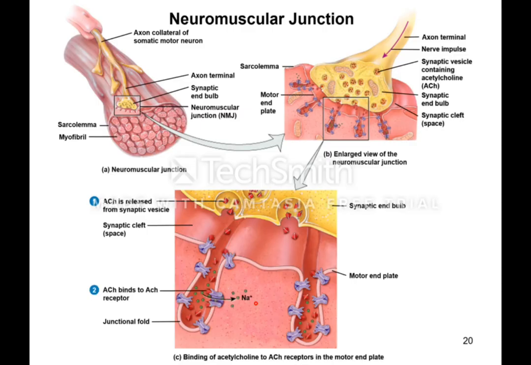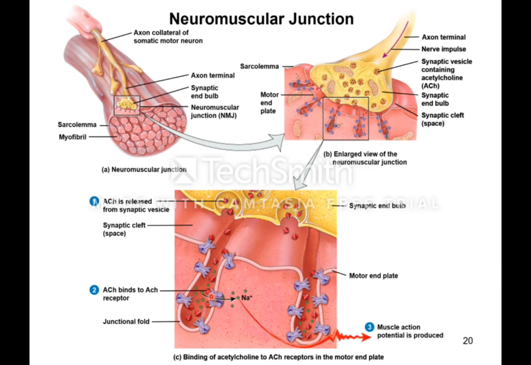Here, the ACh, acetylcholine, is released from synaptic vesicles into the synaptic cleft, a space next to the muscle cell, or junctional fold, where the ACh receptors are. The ACh binds to the ACh receptors.